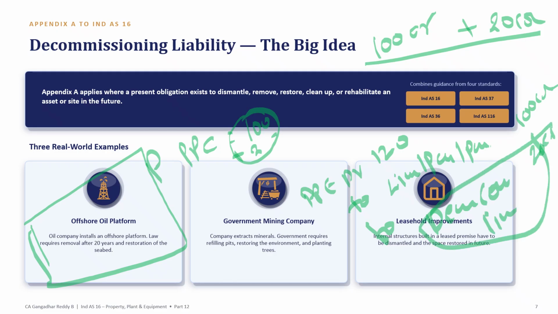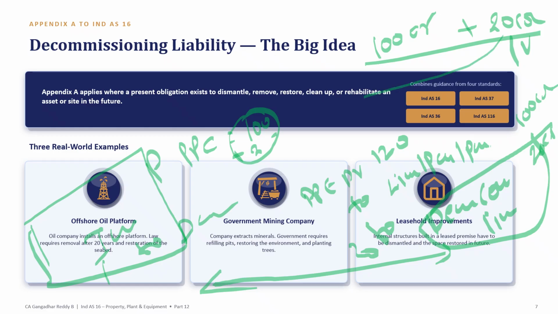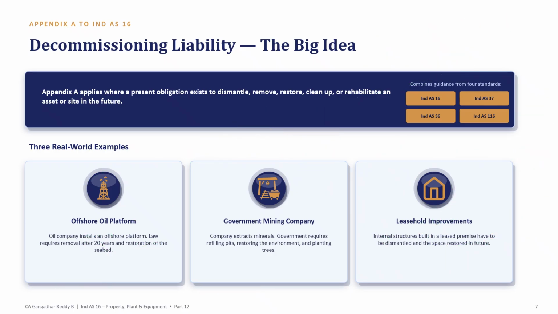These 20 crores are the present value. Over the 20 years, year 1 to year 20, there will be interest expense increasing the decommissioning liability for the interest portion. So this will become 30 or 40 crores at the end of the 20 years. This is how you account for this transaction.